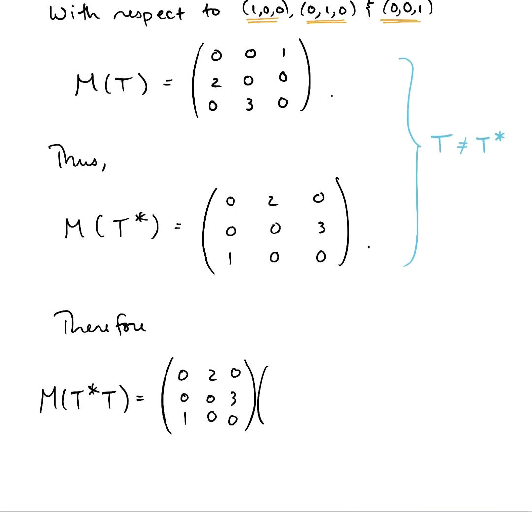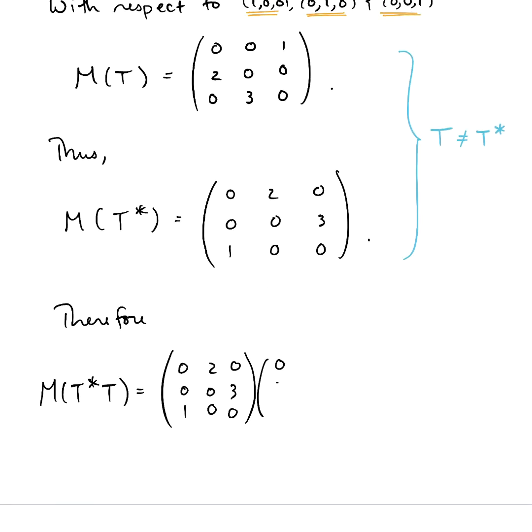Here's T. And when you multiply this out, like in a Math 206 way, you get another 3 by 3 matrix, and it's 4, 0, 0 first column, 0, 9, 0 second column, 0, 0, 1 last column.